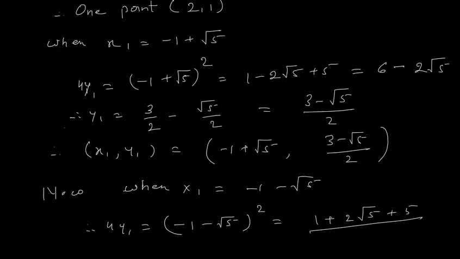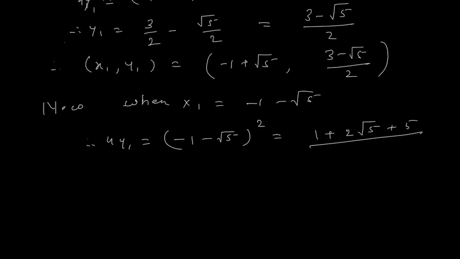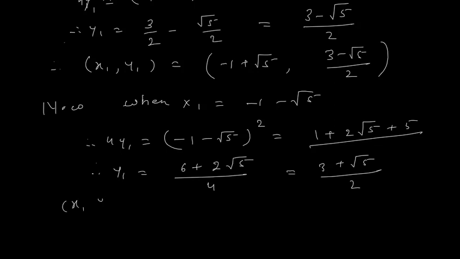So value of y1, therefore y1 is equals to 6 plus 2 root 5 whole divided by 4, that gives us 3 plus root 5 divided by 2. Okay, so again x1 comma y1 is equals to, here I will get minus 1 minus root 5, this is the x coordinate, and the y coordinate is 3 plus root 5 whole divided by 2.